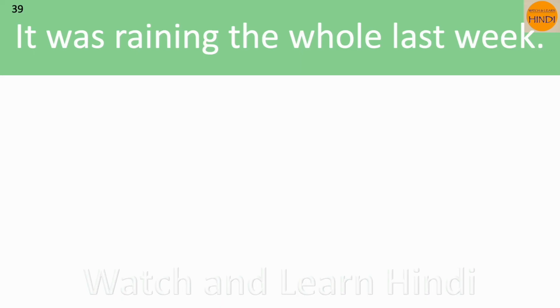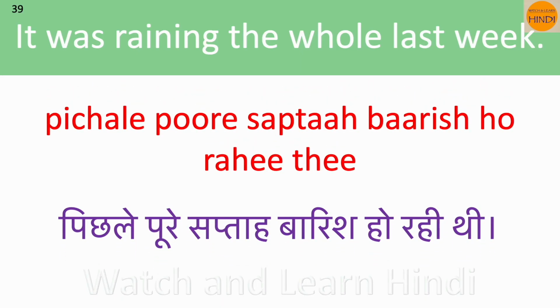It was raining the whole last week. पिछले पूरे सप्ताह बारिश हो रही थी. पिछले सप्ताह is last week, पूरे is whole, and बारिश is rain. पिछले पूरे सप्ताह बारिश हो रही थी. It was raining the whole last week.